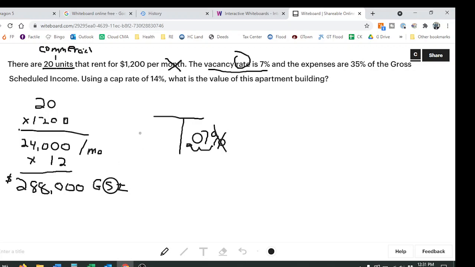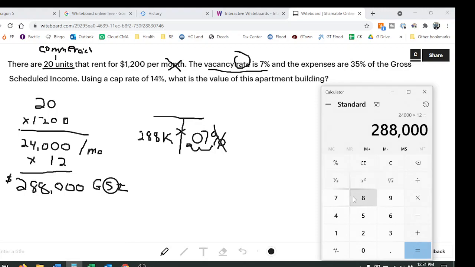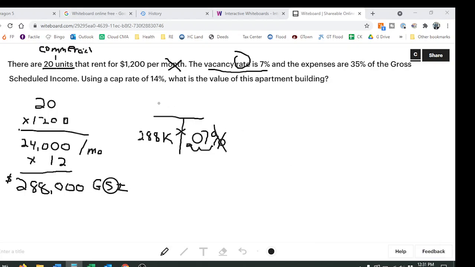And for the gross scheduled income, I'll just write 288K, 288,000. 288,000 times 0.07 gives me the vacancy loss, which is 20,160. V for vacancy.